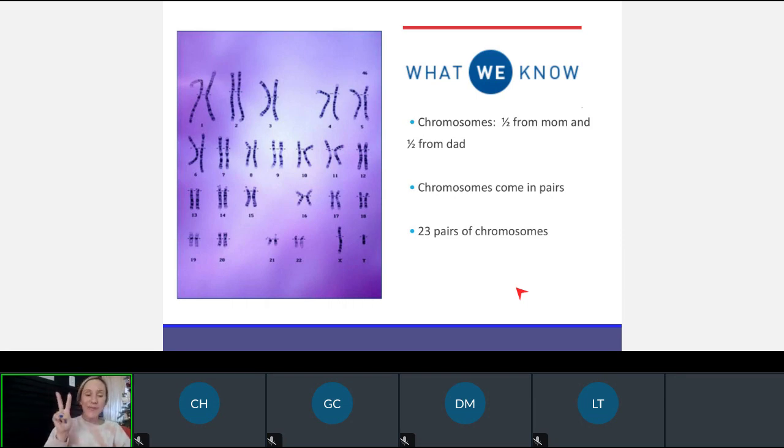And so as females, all of our eggs have an X in them because we don't have any Y's to contribute, right? So if you would go in and take one of my egg cells and do one of these pictures of it, you would see an X. As females, genetic females, we have no Y's to contribute, right?